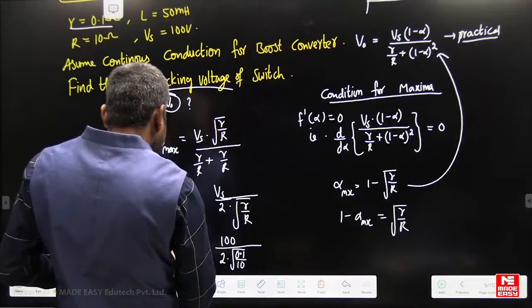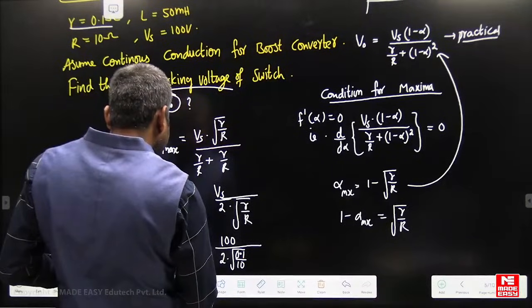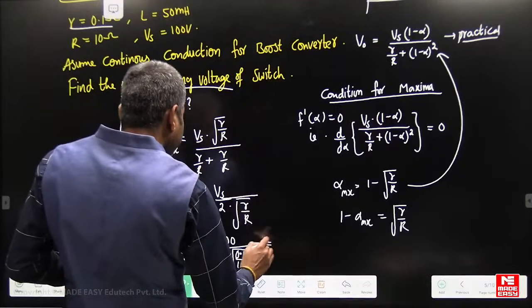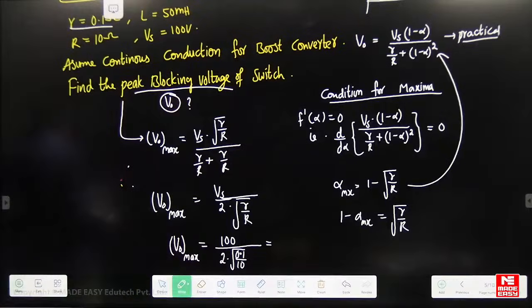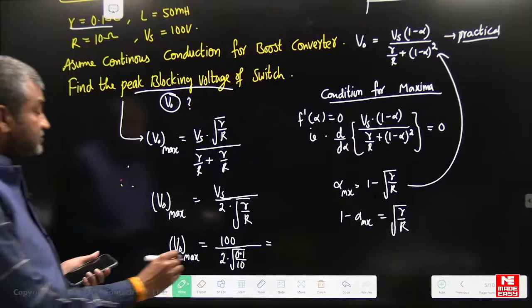So this is the maximum voltage, that is the peak voltage. Simplify this, students. Tell me what you get after simplifying. I think you will get 500 volts here. Yes, you will get 500 volts, that is the answer.